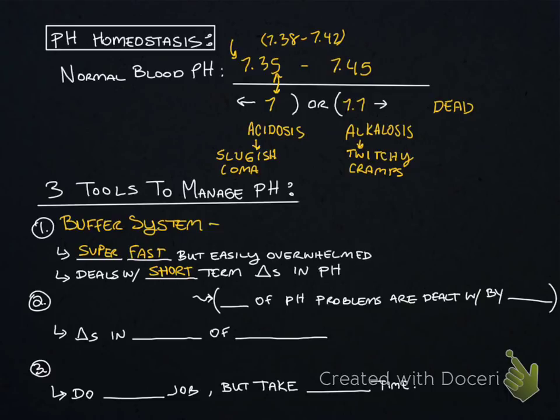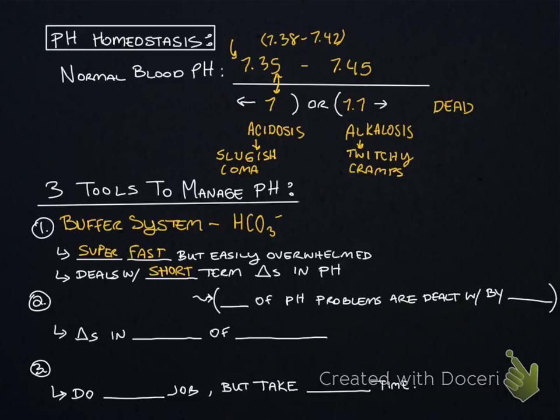I know I've written this equation on the board before. Basically, we'll just say bicarbonate. Your body can absorb about a pound of baking soda in a day. Insane. So, it's easily overwhelmed. It deals with short-term changes in pH. You don't even know what's happening.